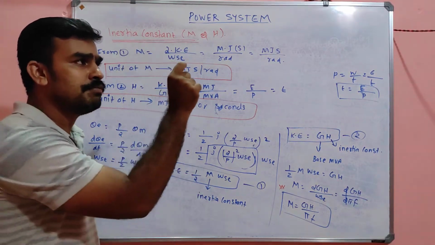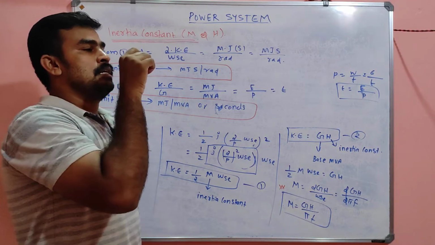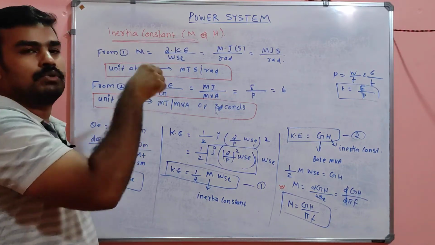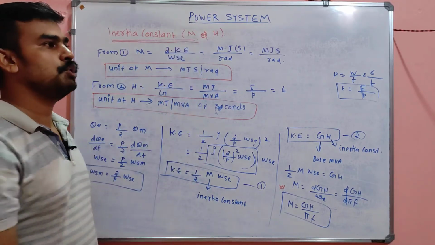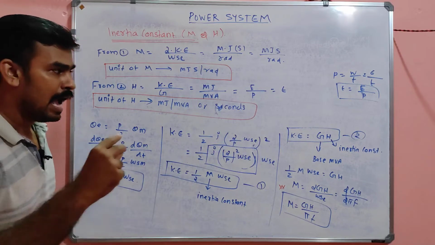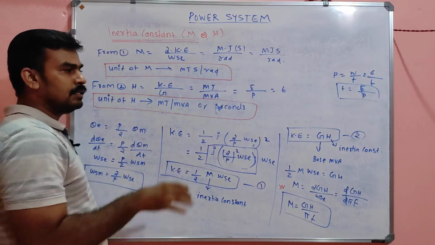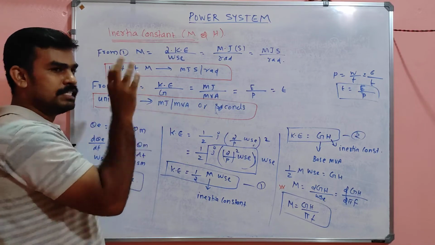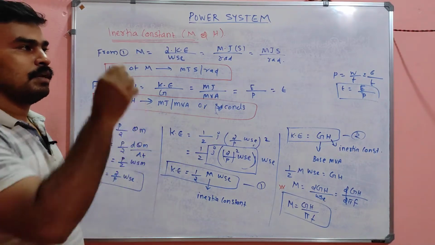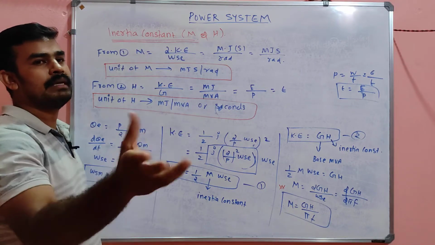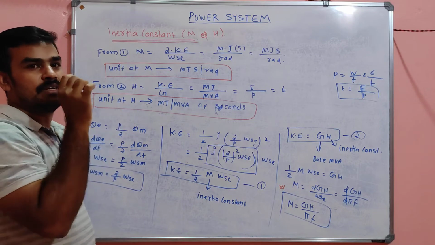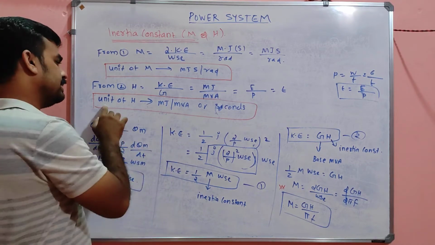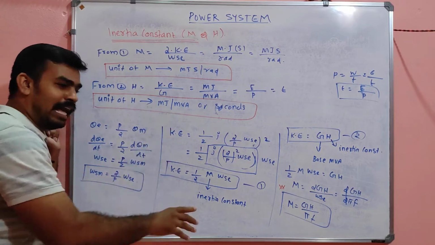If the questioner specifies in the question that the moment of inertia of an alternator is some megajoule second per radian, then you should take it as M. And if in some other question the alternator's moment of inertia is given as so much megajoule per MVA, or in seconds, then you should take it as H. That's all. Otherwise your whole answer will be wrong.